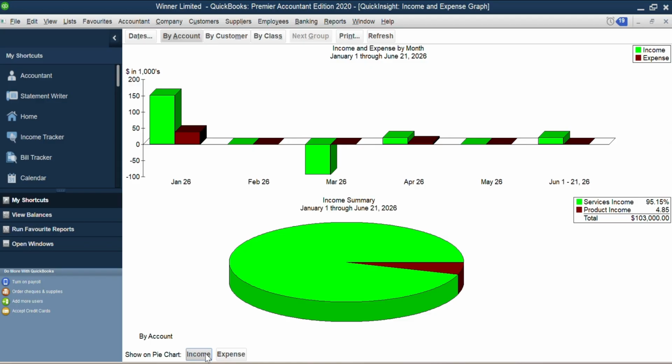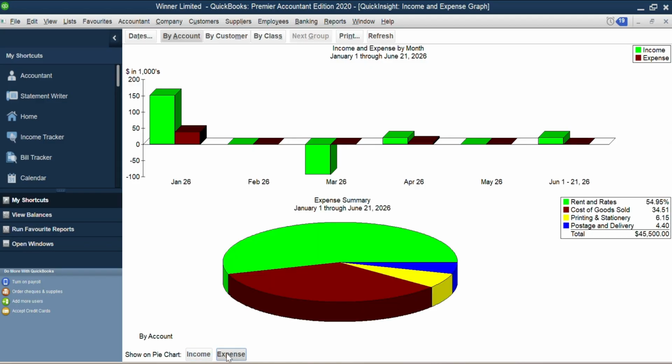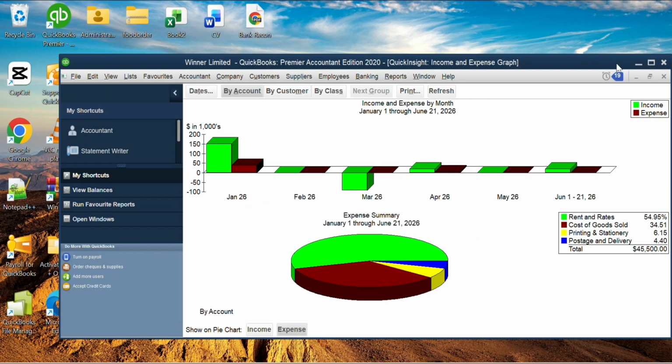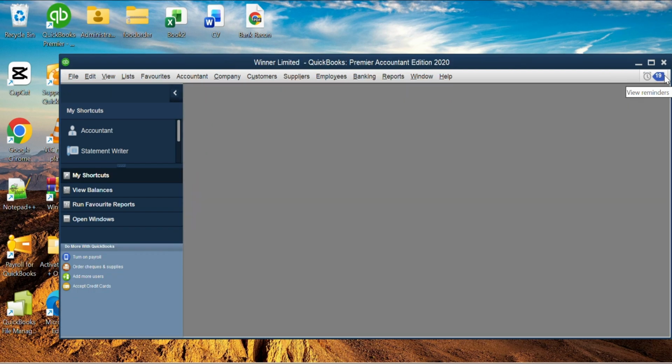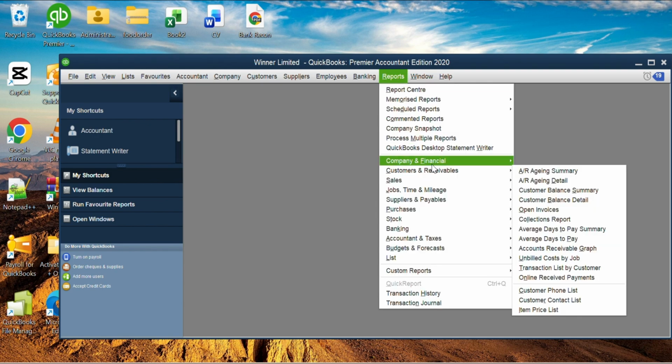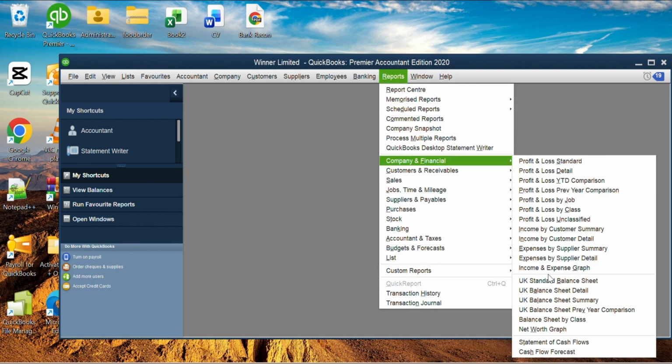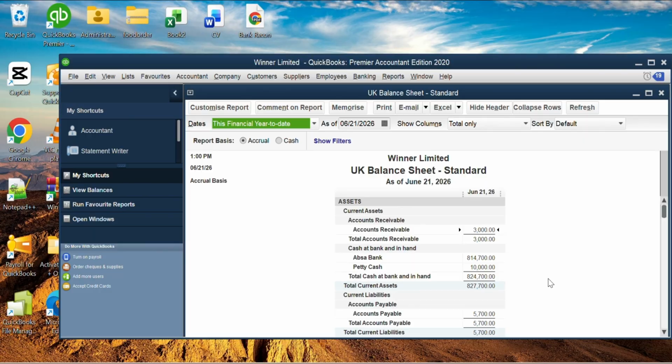You can also compare by income, how much income we have and how much cost of sales we have. So this is what QuickBooks can do. It is a very good software that I told you that you can use for accounting. Very important. So going forward, you can also check the balance sheet.